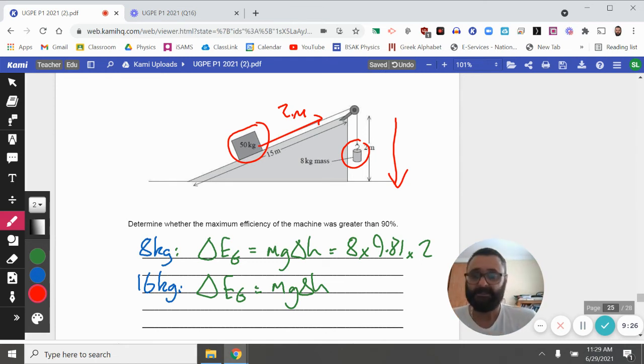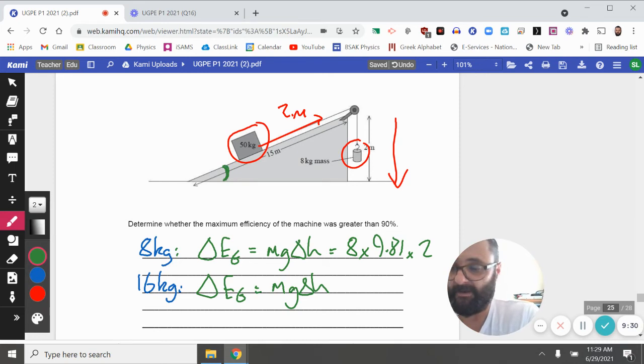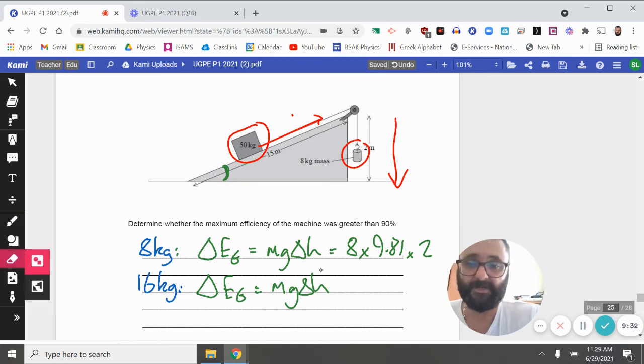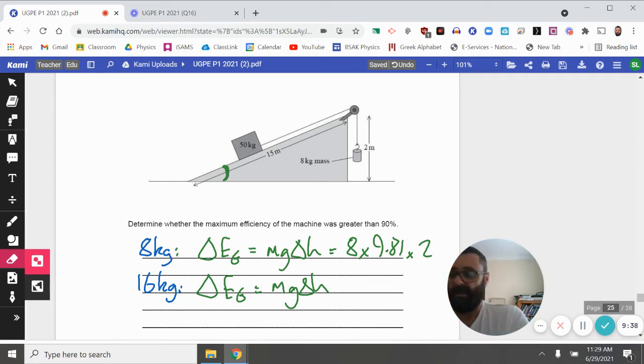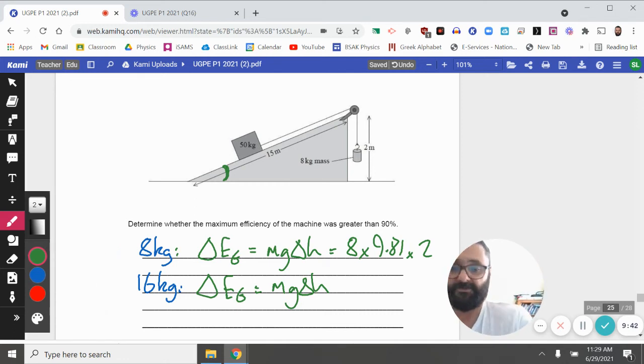We need to know this angle, don't we? That would be really useful because we need to resolve at some point. What's that angle there? It's a right angle triangle, so that angle there, let's call it theta.